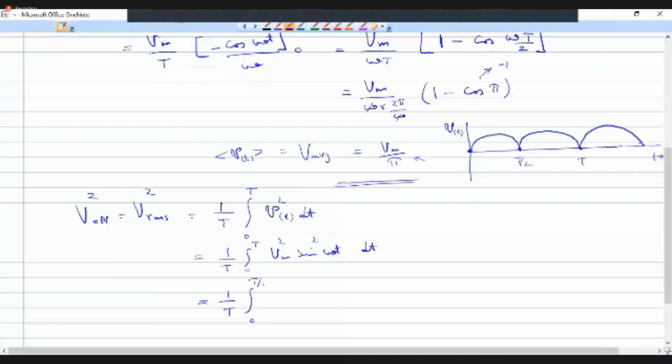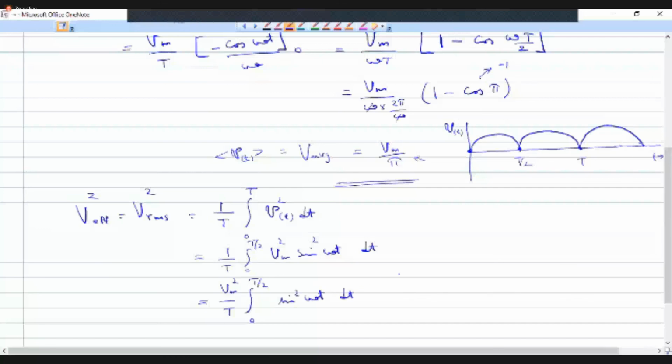Okay. So here T by 2, because from T by 2 to T, the value of this function is equal to 0. Okay. So taking out Vm square outside here, we will have integral of sine square omega t dt.